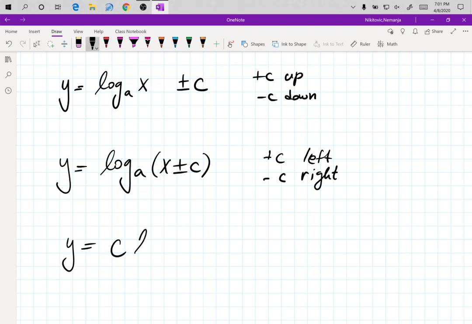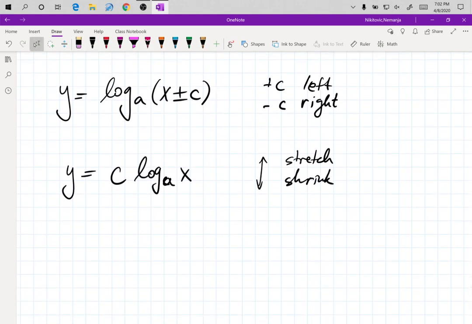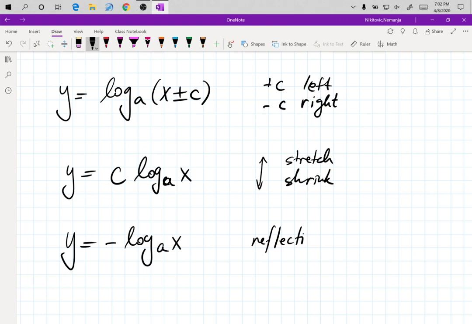y equals c log a of x. Well, that's going to be a stretch or a shrink, like that. Then we have y equals negative log a of x, a reflection.